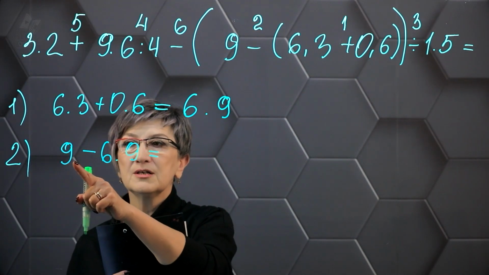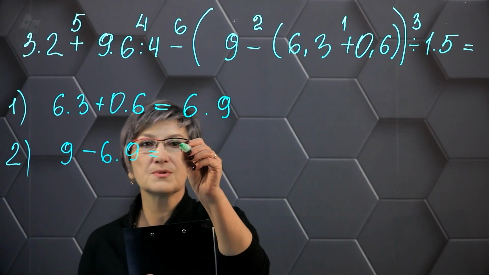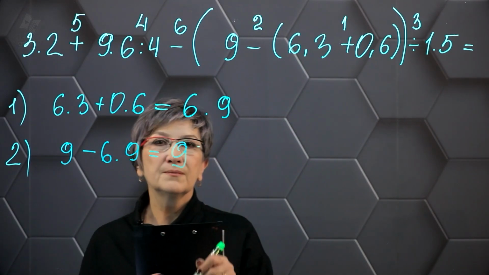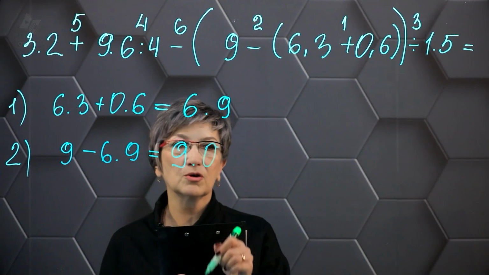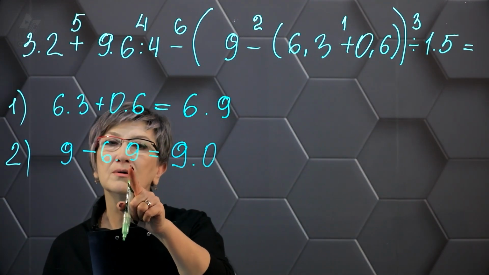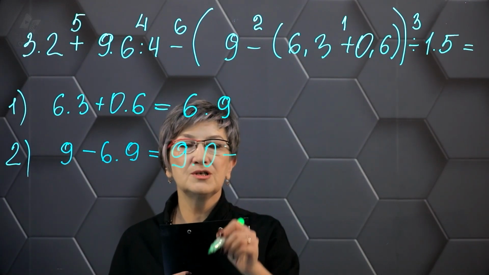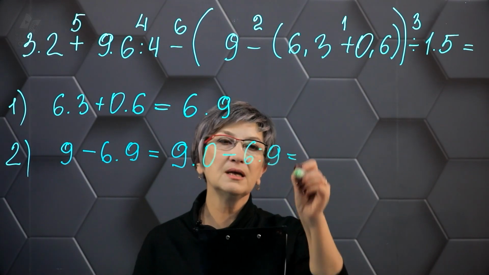But we can see that 9 doesn't have a decimal point, so I have to write it down. I can put a decimal point after the 9 and place a 0 after it. So I write 9.0 minus 6.9, and now I can write that down in column form.